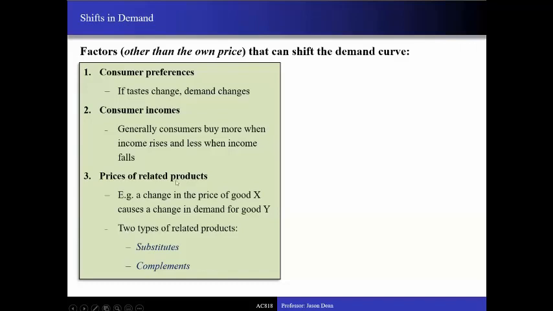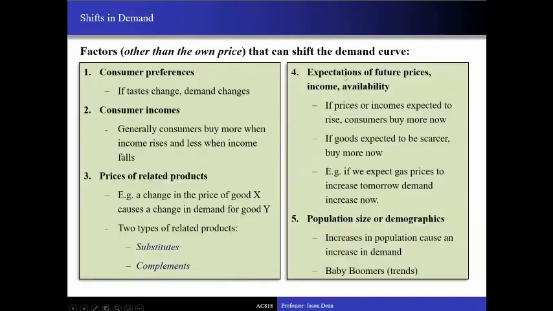So that's another determinant. Expectations of future prices or income, that sort of thing. If a lot of people are expecting their income to increase in the future, their quantity demanded now would be higher at every price. But other examples would be, if we expect the price of the good to be different in the future, that affects how much we'll buy of it today, right?